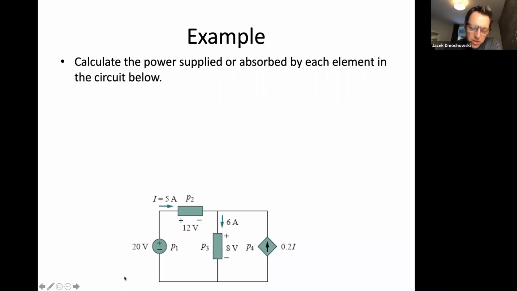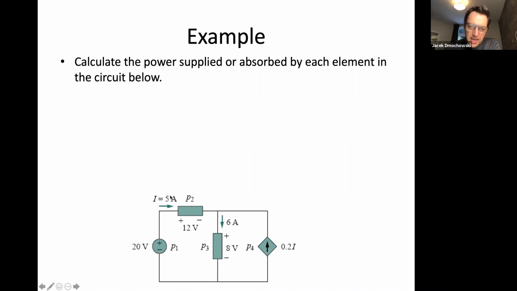We know that the answer is going to be either 100 or negative 100 for P1. So the value of P1 is going to be the voltage, which is 20, times the current, which is 5. However, notice that this 5 amps is flowing, the current arrow, if you extend it down this battery, the arrowhead will hit the negative terminal, right?